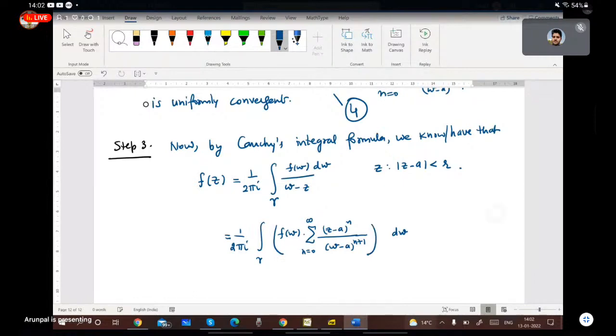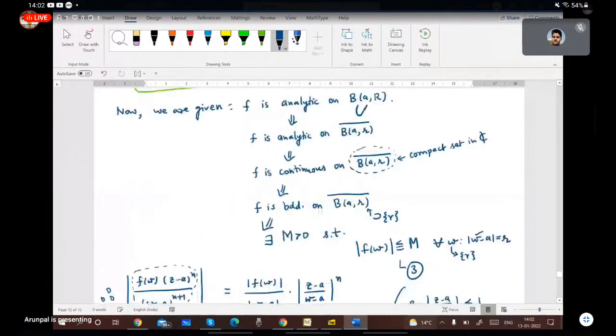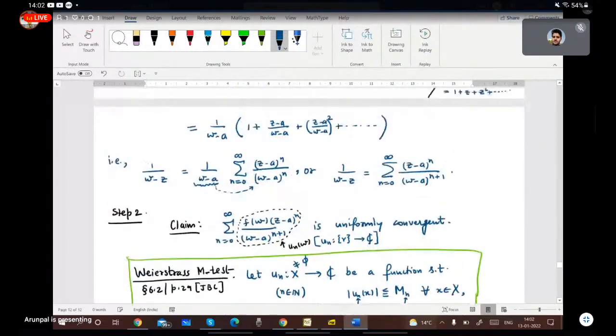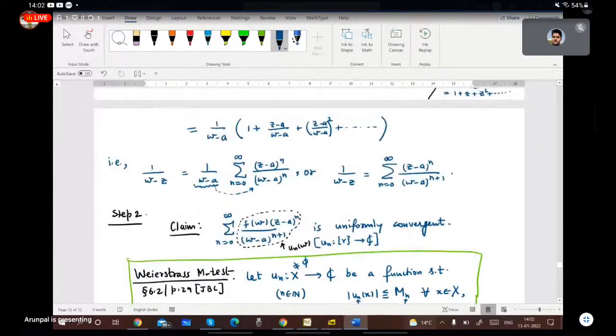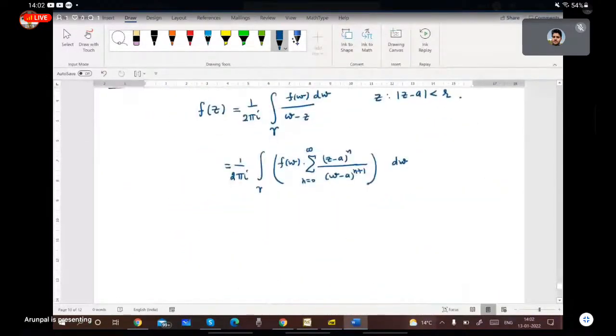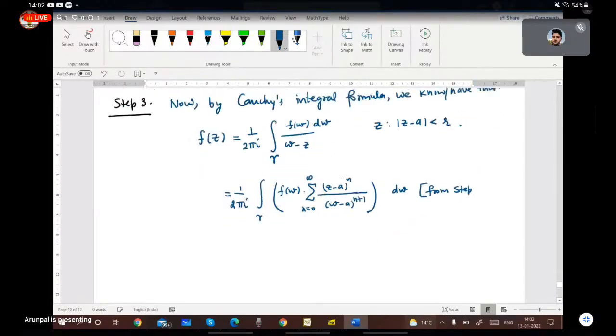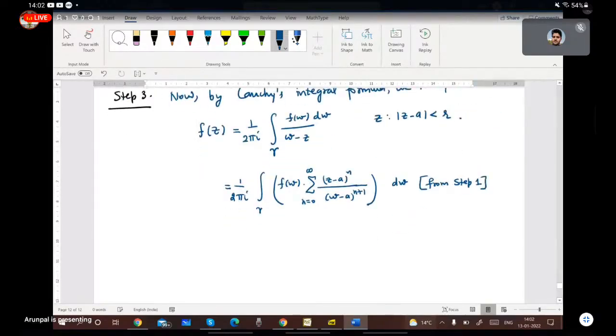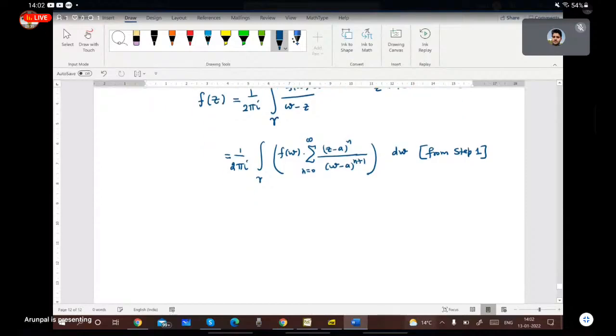Class, what I have done, I have used just this step 1, 1 upon w minus z. I have used this, right class? So I have used step 1. Is this okay, class?